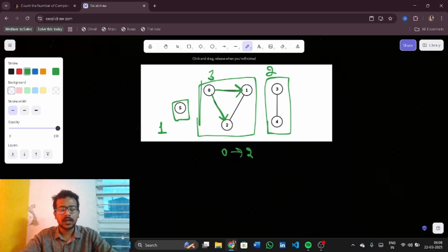Now let me go to 1. 1 is connected with 2 vertices. Let me write it over here. 2 is connected with 2 vertices.